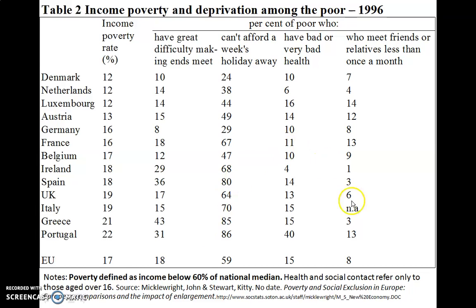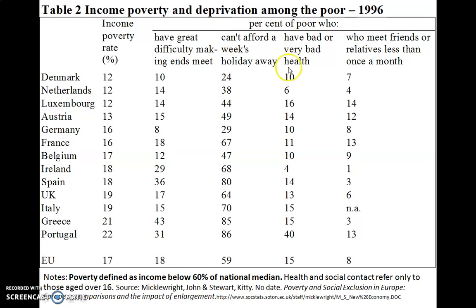And you can wonder why this is not applicable in Italy, but just have a look at this and look at the differences between what you find here in terms of deprivation and in terms of the poverty incidence and how those figures relate.